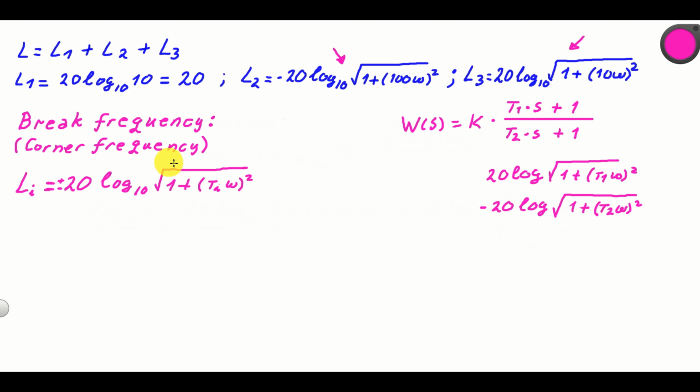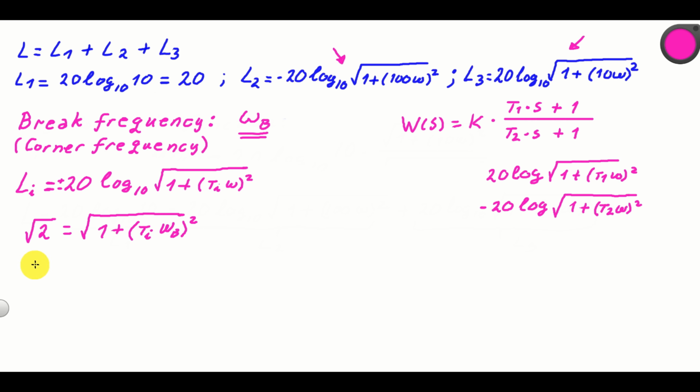The break frequency or the corner frequency is the frequency for which this term is equal to square root of 2. That is, square root of 2 is equal to square root of 1 plus t_i omega_b squared, where omega_b is our break frequency. Keep this in mind.